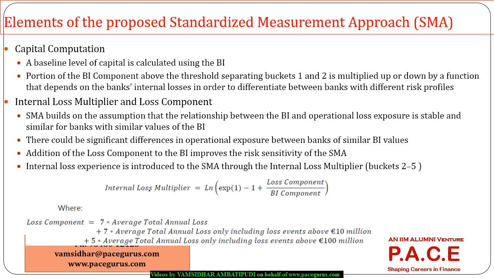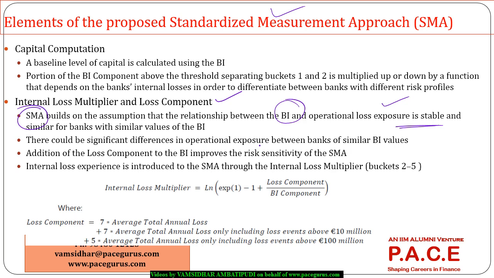So to understand that, we are talking about an internal loss multiplier and a loss component. Till now, if we have seen the SMA model, this model is built on the assumption that the relationship between the business indicator and the operational loss exposure is very stable.